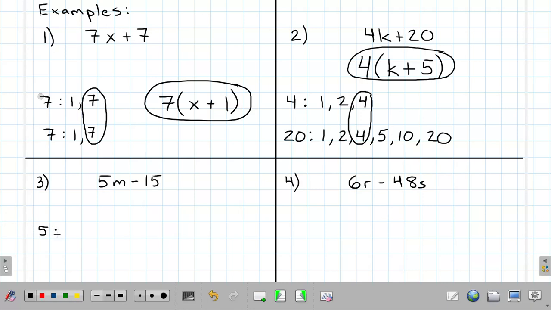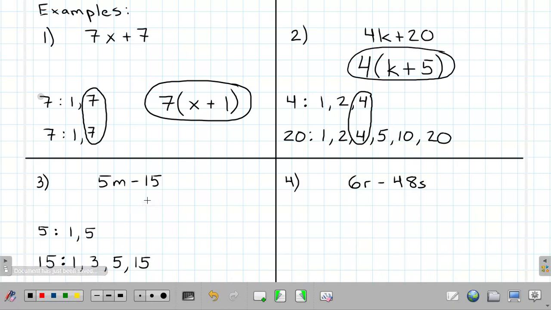In this case, factors of 5 are 1 and 5 because 5 is a prime number. And then the factors of 15, whatever way you figure out the factors, whatever way is easiest for you, you should get 1, 3, 5, and 15 itself.